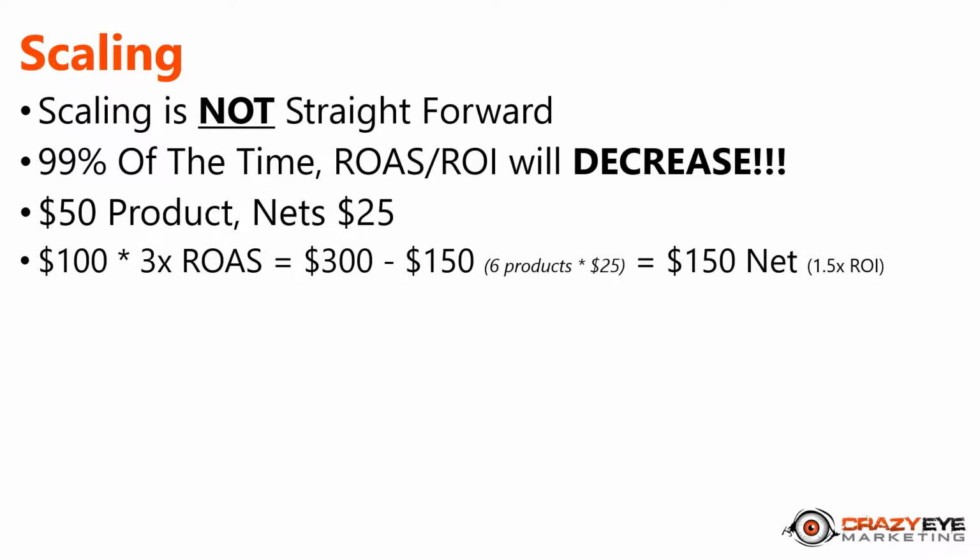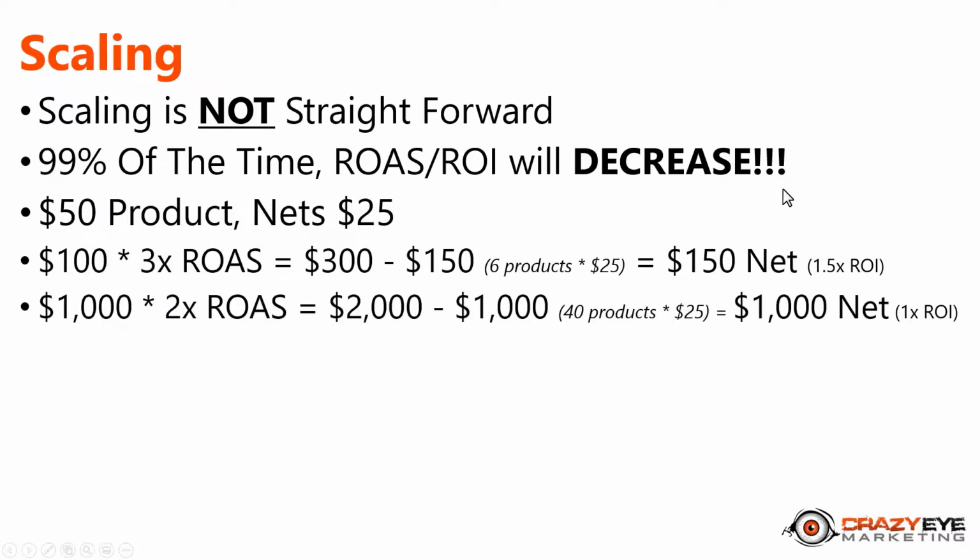So let's say in our example, we're spending $100 on our ads, and we have a 3x ROAS, so that's pretty good, right? And that'll generate $300 in return, minus $150 because we sold 6 products, and 6 times 25 is $150. So basically we're netting $150, which is a 1.5x return on investment, right? So cool, we got cool numbers here, 3x, 1.5x, good stuff.